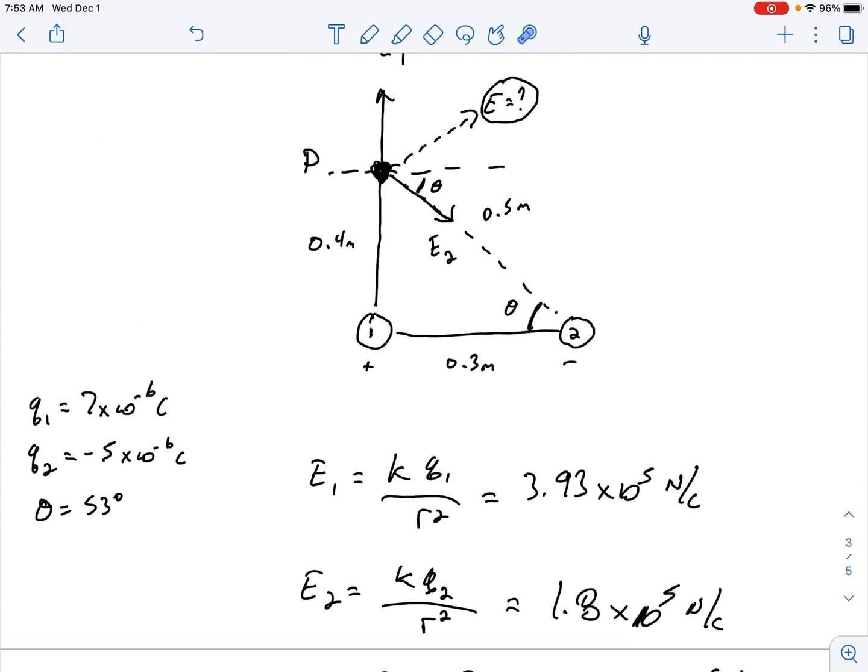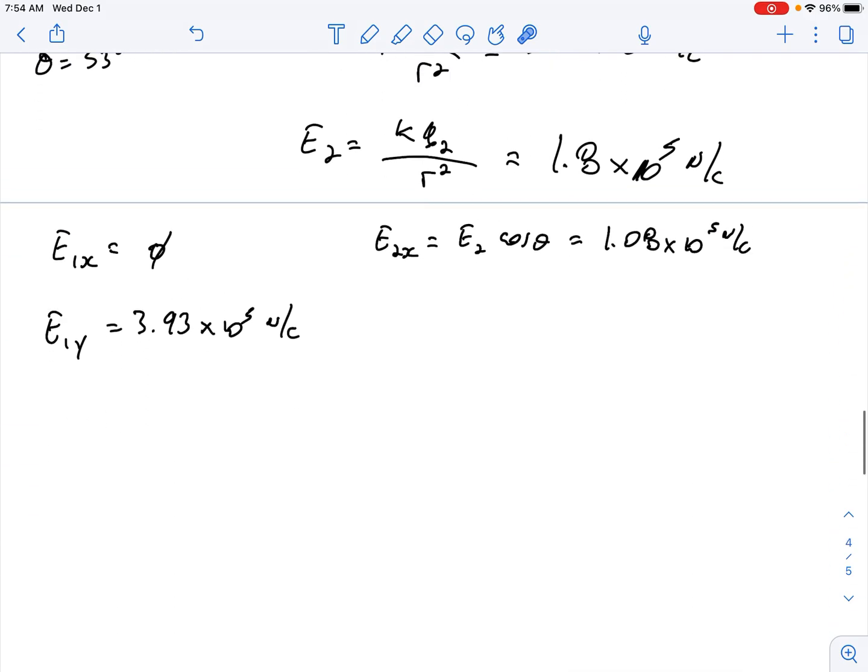E2x, that's E2 right there, so the x component would be this, and this is adjacent to my angle, which happens to be my 53-degree angle. And when we calculate that, we get this value here.